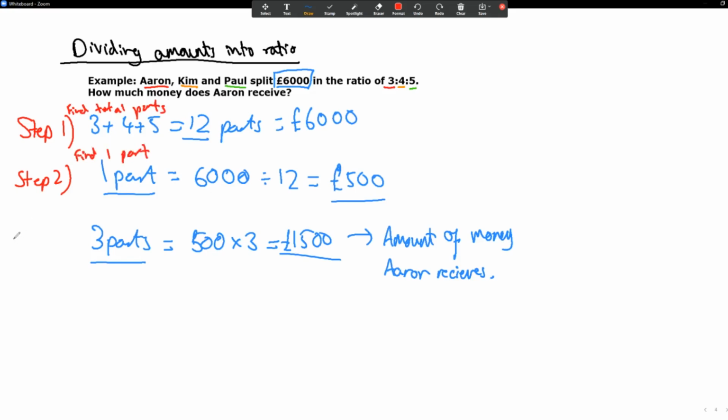Step 3 is find desired parts. But I wouldn't think of it in these steps, because if you can understand the theory behind it, that's much more beneficial, because you're not always going to get it like this. Sometimes, for example, they won't give you the total, but they might give you some other information. But in this specific kind of question, that's the steps we took.